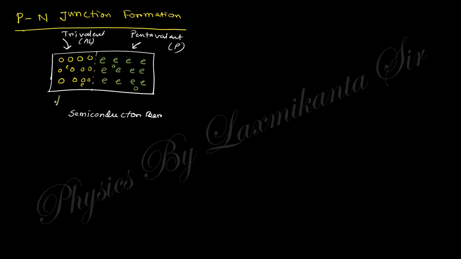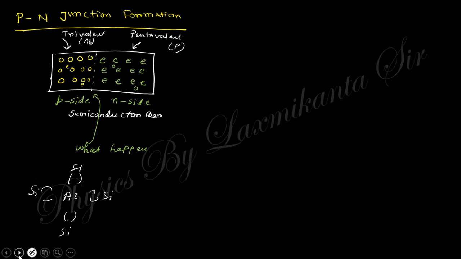So this will be the p side, and this is the n side, right? Now what happens at this junction? If you zoom into this region, you can see the trivalent atom, aluminum, connected to silicon.